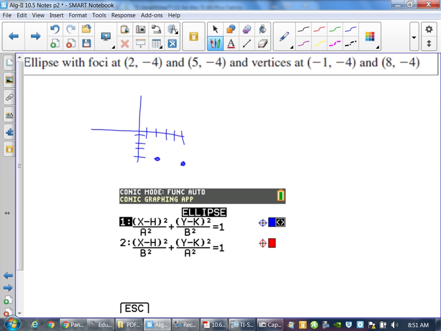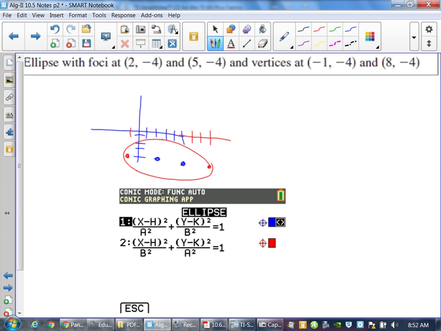Here are my foci, and then vertices at (-1, -4) and (8, -4). Which way is this being stretched? Very good. Being stretched left and right, because these points are all on the same line, they have to be stretched out this way.